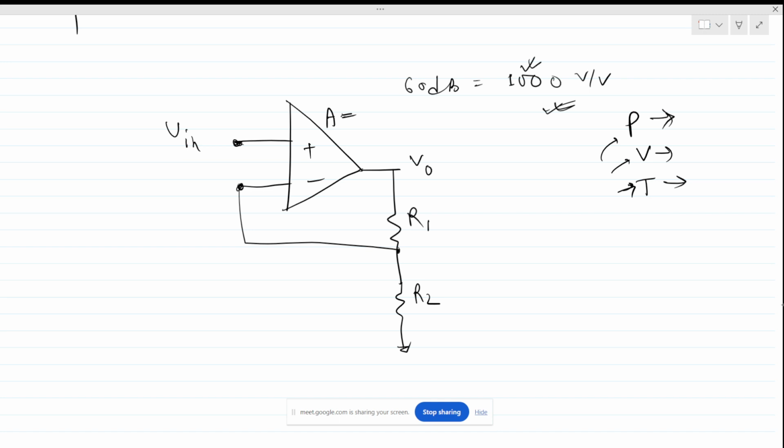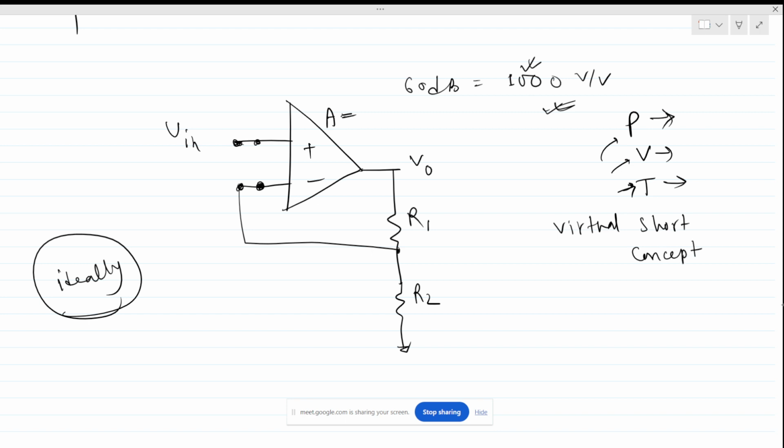Now ideally this terminal voltage is equal to this terminal voltage. This is called the virtual short concept. I will be discussing it in two ways.